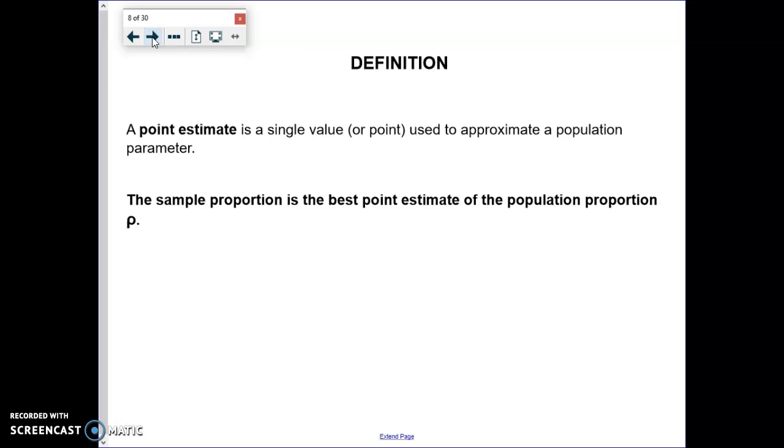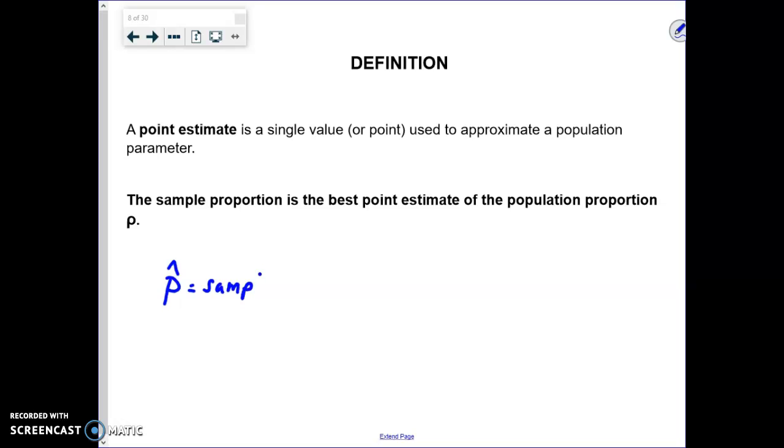Now, to estimate the population proportion of something, the best, most unbiased estimator is the sample proportion. Remember that sample proportion, we call it p hat. Okay, that is the sample proportion.